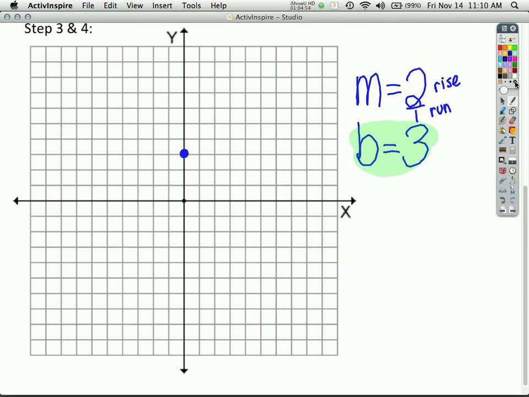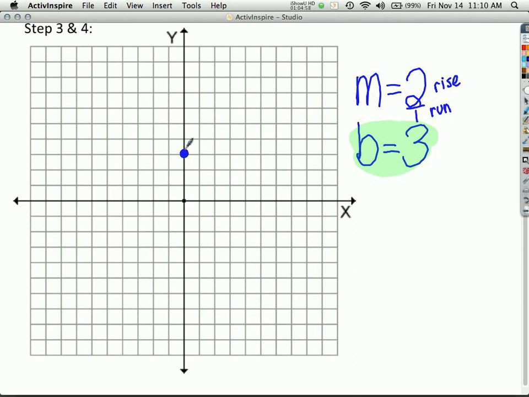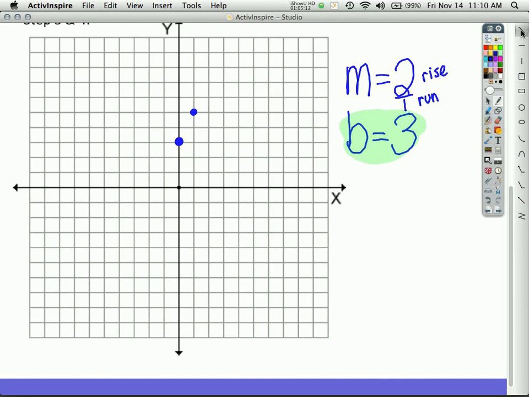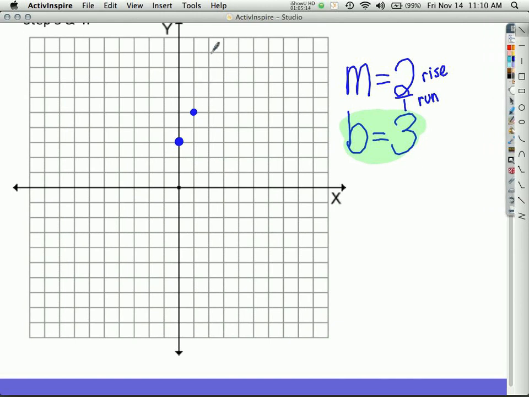And now you go up 2, because it says rise 2, over 1, and put another dot. Now draw a line through it. Use your ruler. All the way through the entire grid. Put arrows on either end. And you have graphed an equation using slope-intercept form.